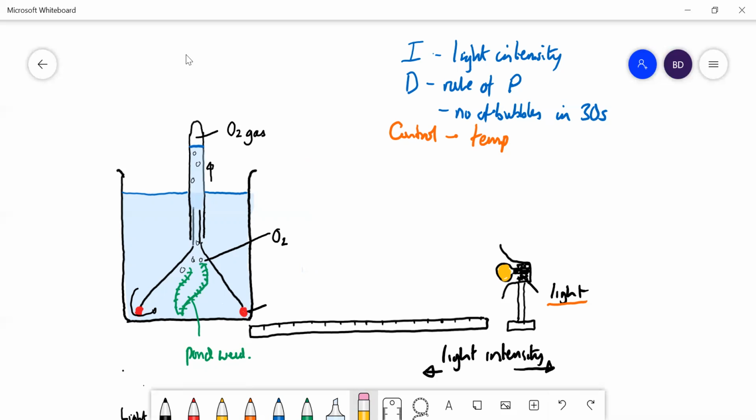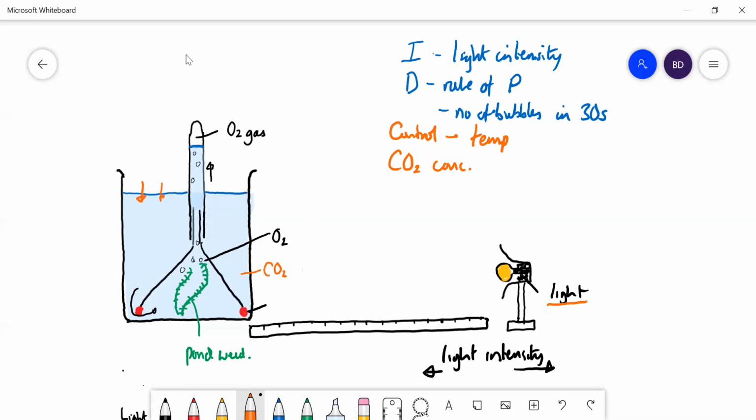Another thing that will affect the rate of photosynthesis is the CO2 concentration. Well, we're going to presume that the CO2 concentration in this water doesn't change very much because the pondweed is not using up that much CO2, and all the time more CO2 will be absorbed from the atmosphere. Okay, so we're going to just presume that stays constant.